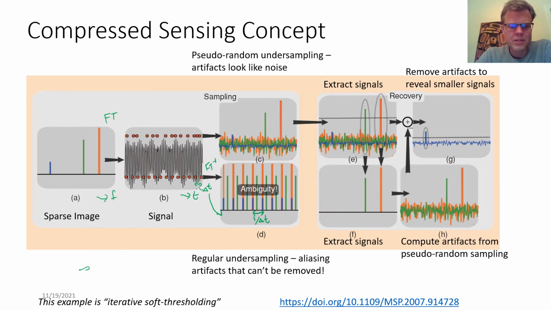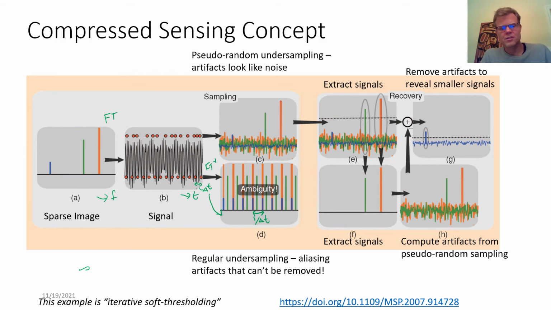Okay, so here is a conceptual illustration of what happens in compressed sensing. You can imagine maybe we have a sparse image that just consists of three locations. Our signal, as determined by the Fourier transform, would look like so.